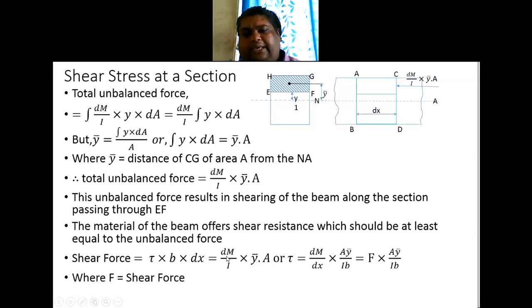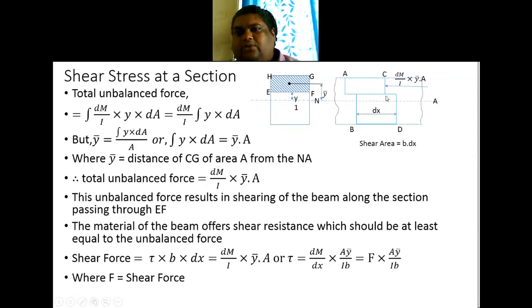Which is equal to dM by I into y bar into A, or tau is equal to dM by dx into A y bar by Ib. Now this dM by dx is nothing but the shear force acting on that particular section. So shear force into A y bar by Ib, right? So this is how the shearing takes place.